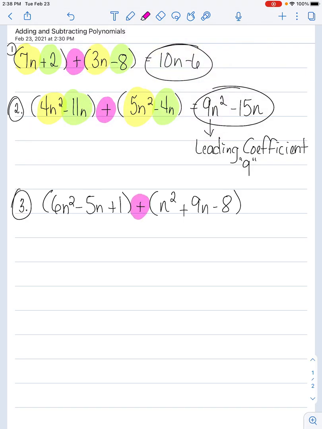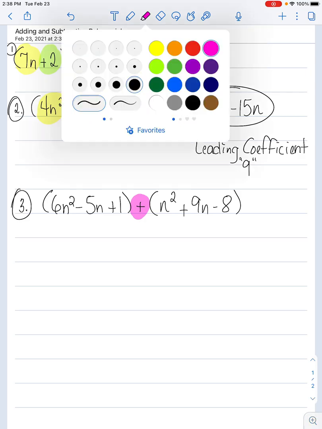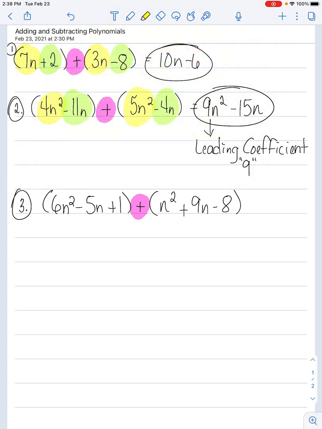I do, so all I need to do is combine like terms. So I usually start with the first thing I see, and the first thing I see is my n squared. Is there another n squared in the second set of parentheses? Yes. There's no number, but that's an understood one. So 6 plus 1 is going to be 7n squared.